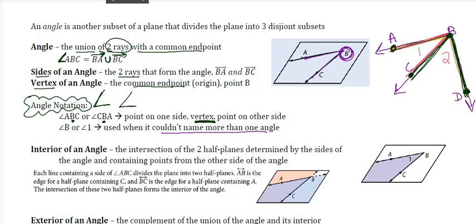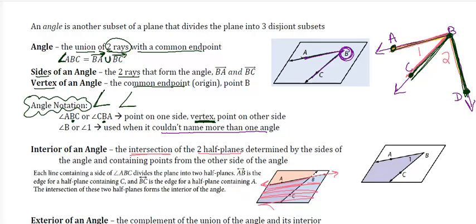What it's saying is it's the intersection, so there's vocabulary, of the 2 half planes. We've got this half line here, and they put a dotted line across there, but that's one half line. So everything down here is a half plane.